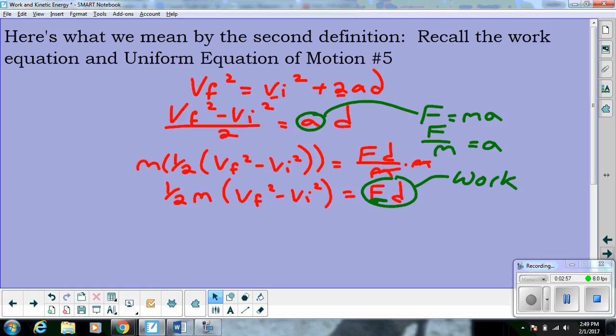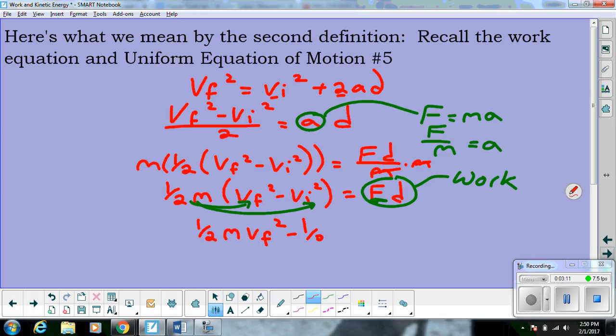And I'm going to take this other side of the equation, and I'm going to distribute the 1/2 times the mass to get 1/2 m Vf squared minus 1/2 m Vi squared, which looks like the final kinetic energy minus the initial kinetic energy.